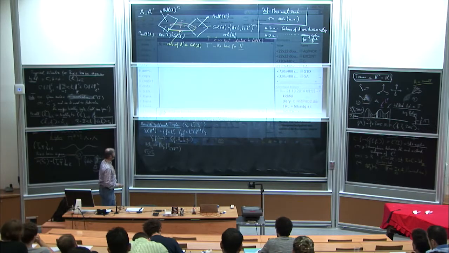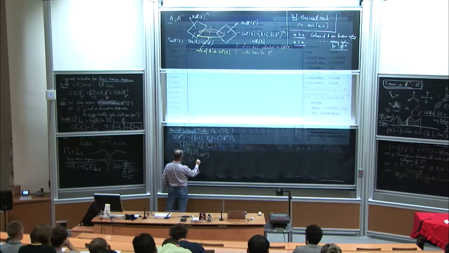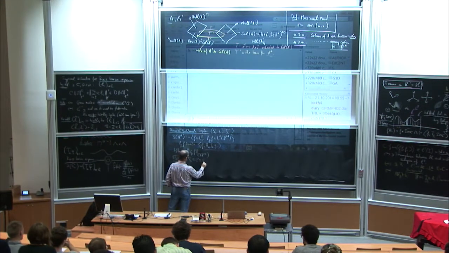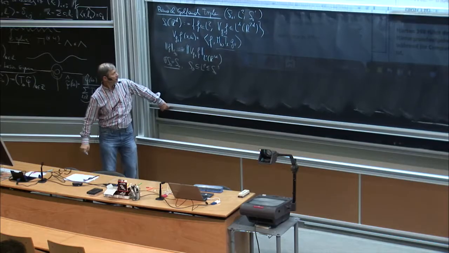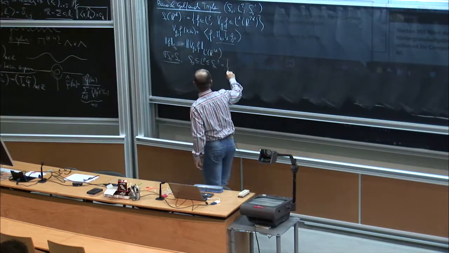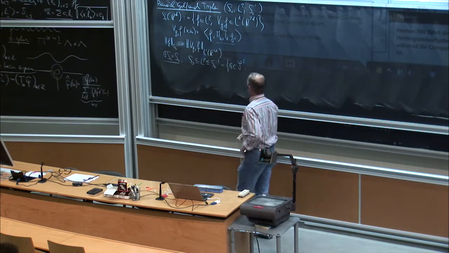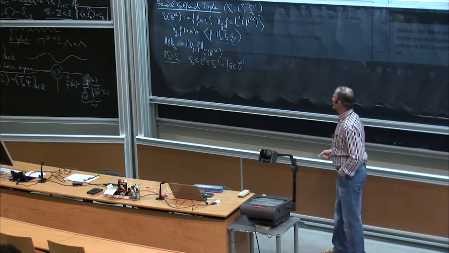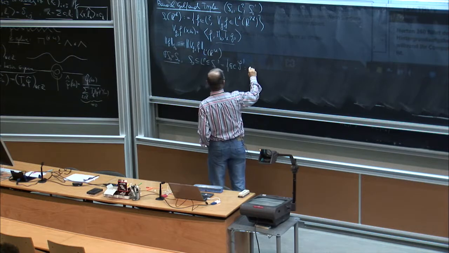But also, all the LP spaces are in between S0 and S0 prime. Actually, you can characterize S0 prime as the set of all tempered distributions. So how can you find out whether a tempered distribution is in S0 prime? And the answer is very easy.